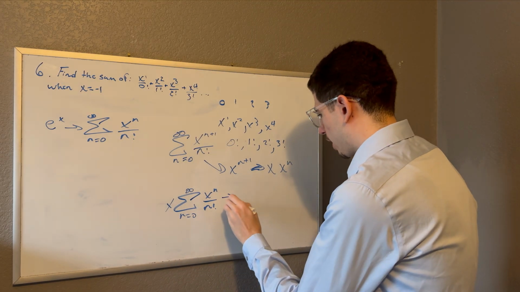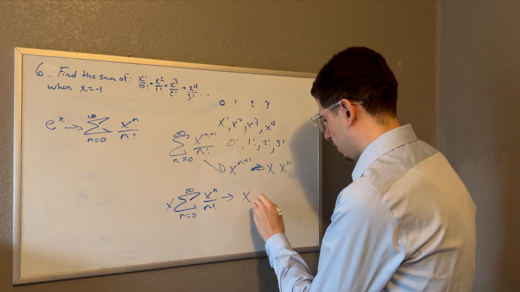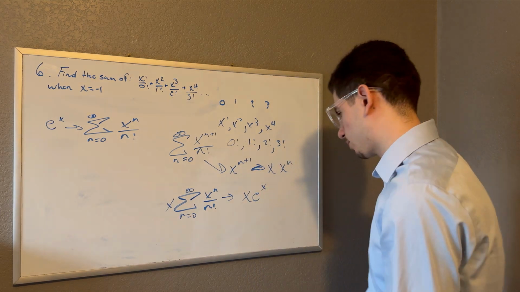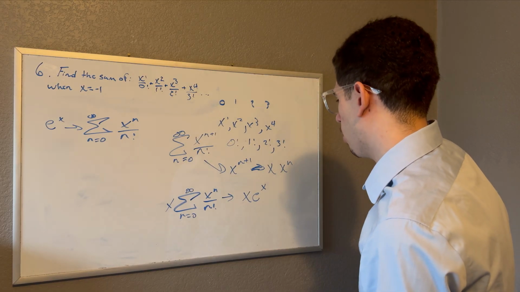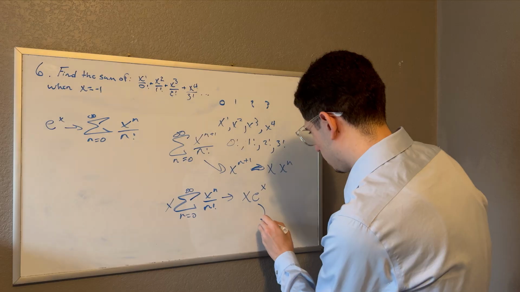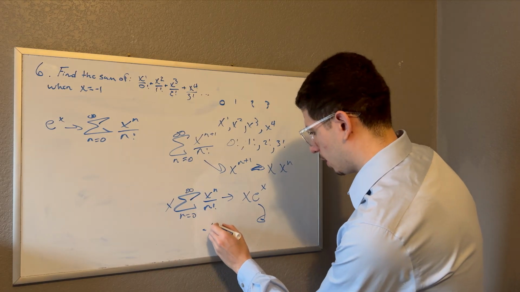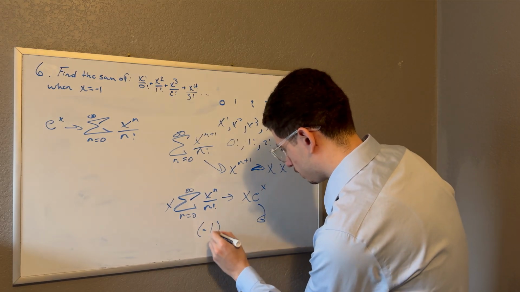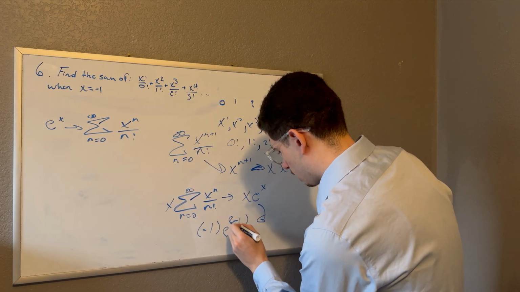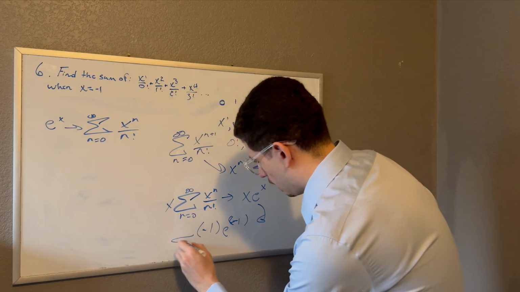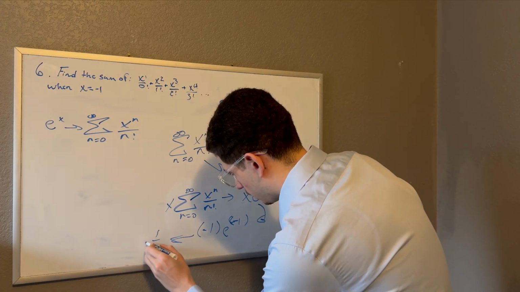So a better way of writing it would be like this. Now we could just plug in -1 for the x. Now we get 1 over e.